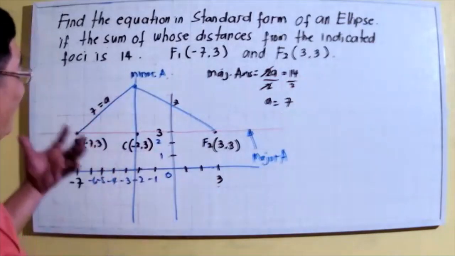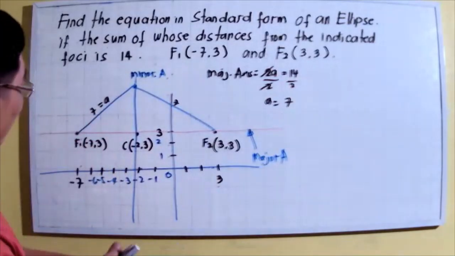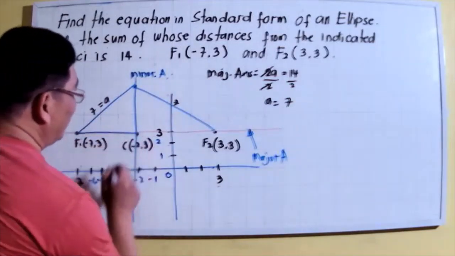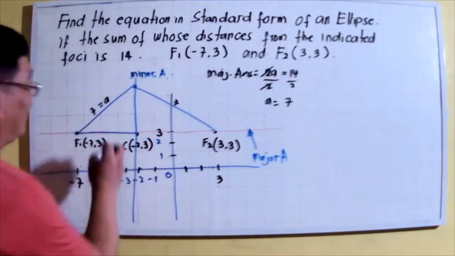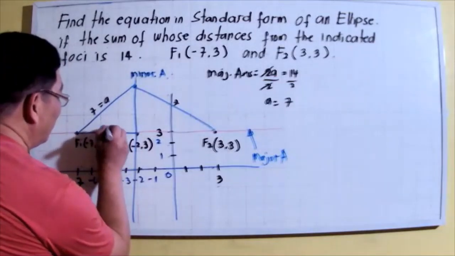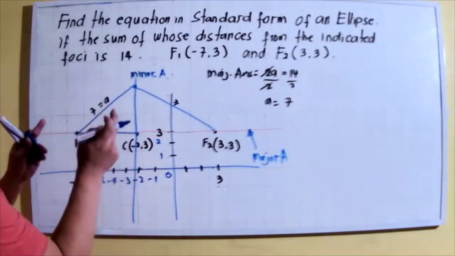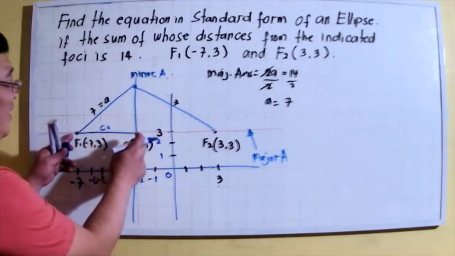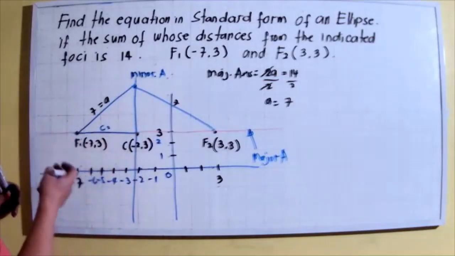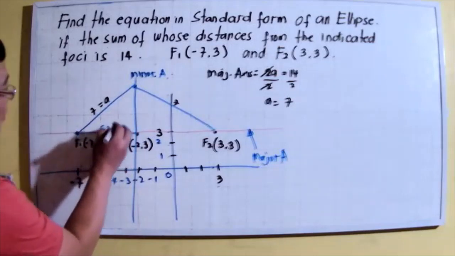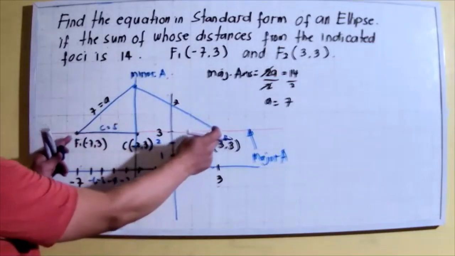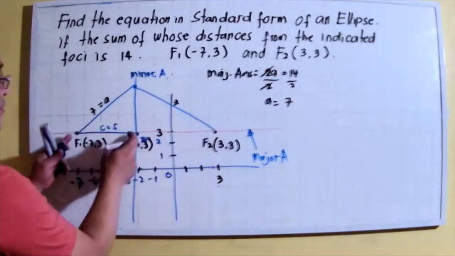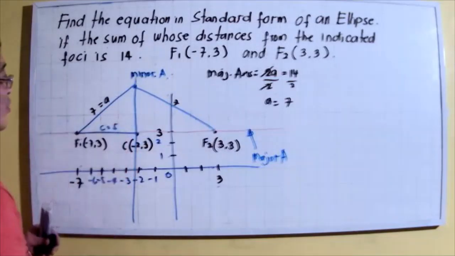We add more information: clearly we can see that the distance from the focus to the center is the distance c. And the distance c is how many units away from the center? This is equal to 5. This is equal to 10, we divide it by 2, we have 5. So c is equal to 5.